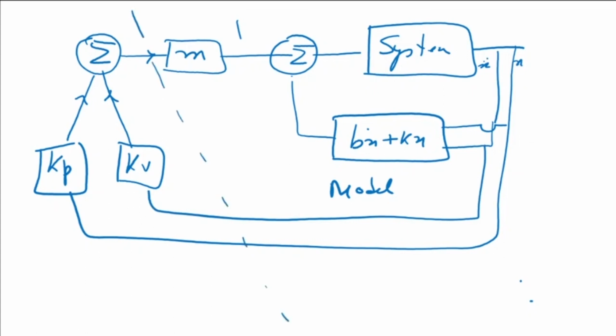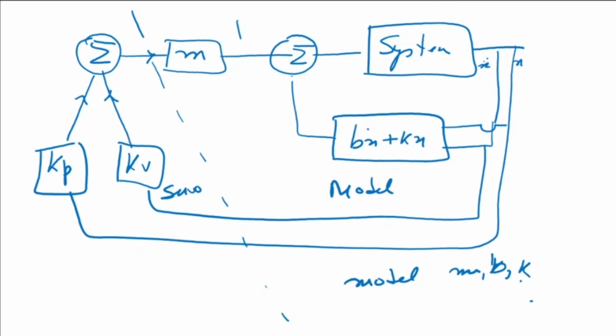The model takes care of the M, B and K parameters. If there is anything nonlinear here, it will be taken care of in the model part, and the servo part simply deals with KP and KV. So this is basically what we mean by a partitioned control system.